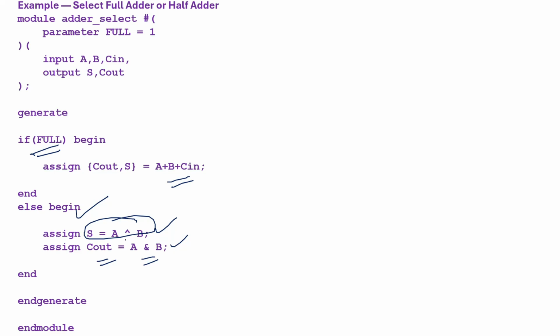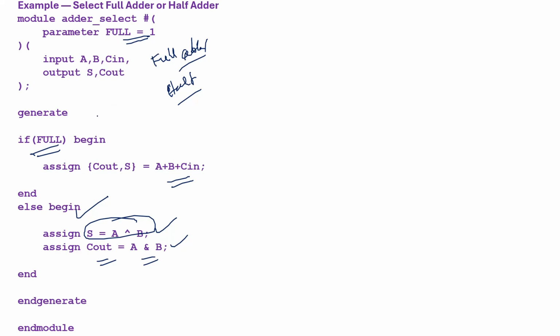Half adder. He is operating the full condition. If it is full operation, I'm taking the full adder circuit operation, or if it is not full, I'm taking the half adder. So for one condition, I'm operating two circuits: one is the half adder circuit and the other is the full adder circuit.